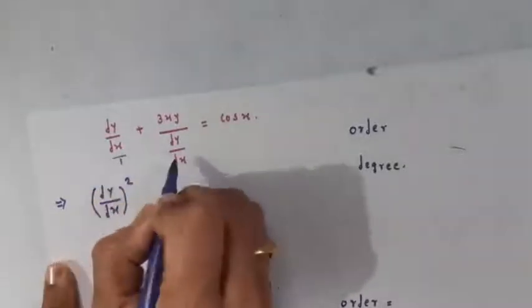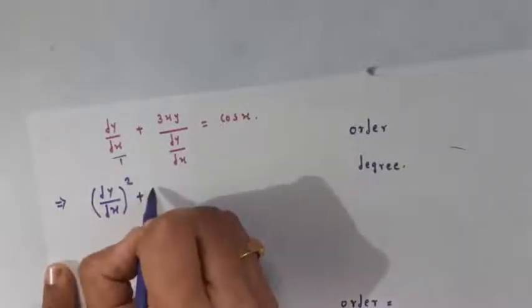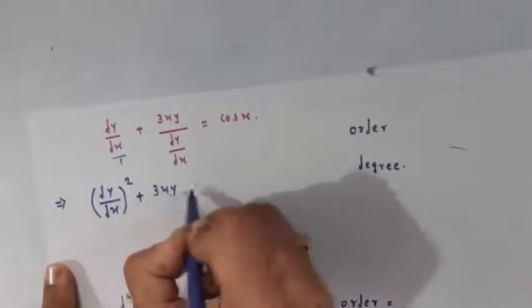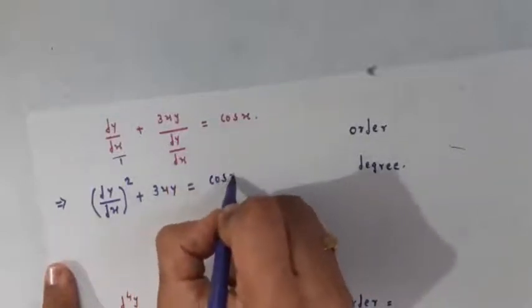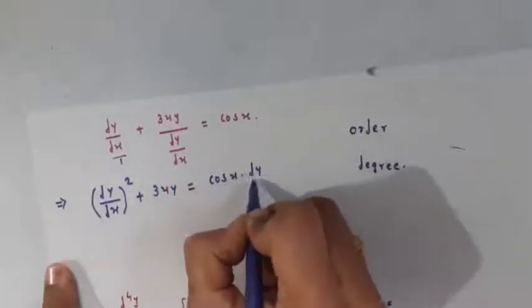So (dy/dx)² plus 3xy equal to cos x into dy/dx. We have simplified the terms.